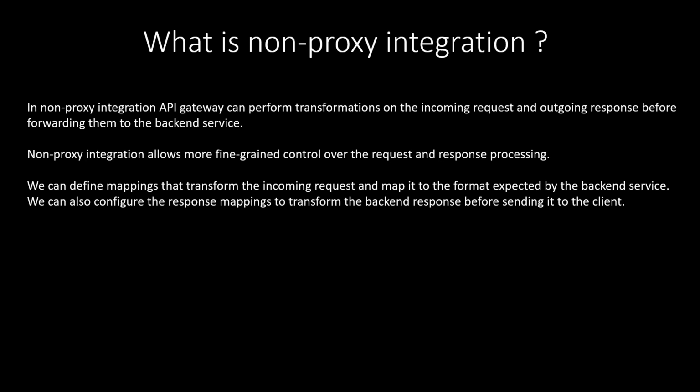We can also configure the response mappings to transform the backend response before sending it to the client. As we talked earlier, it is not possible in proxy integration. In proxy, the request and response to and from the backend service are forwarded as is.